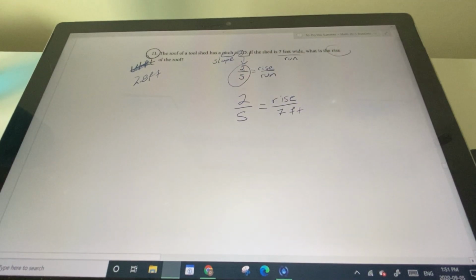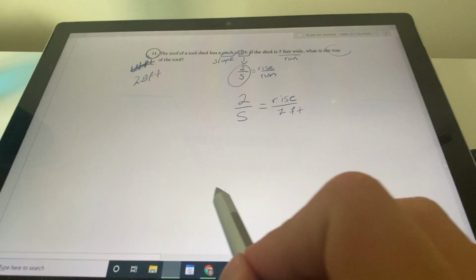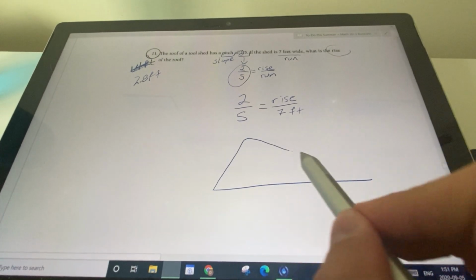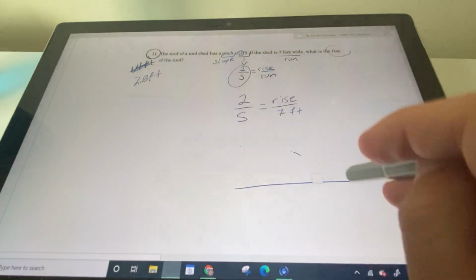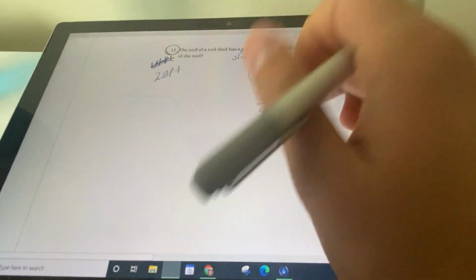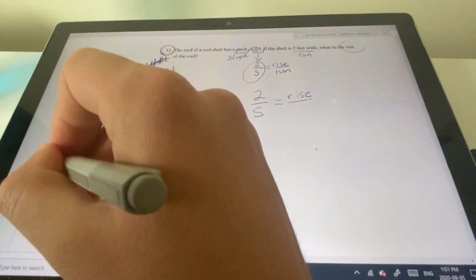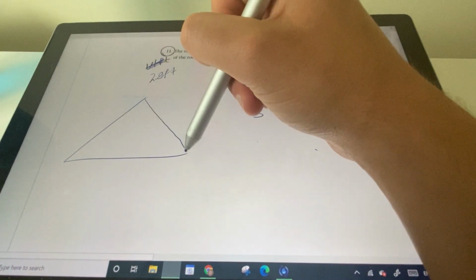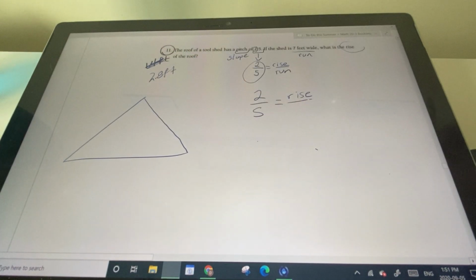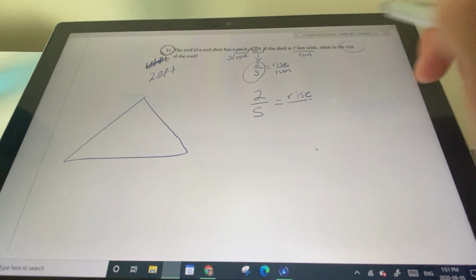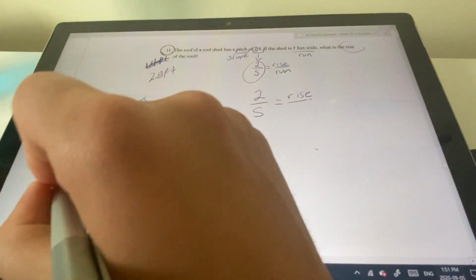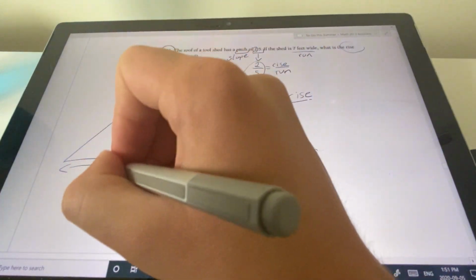it's very important to draw a picture. So here, the roof looks something like this. So it's actually good to see your teacher make mistakes sometimes, because that's what problem solving is. You make mistakes, you've got to figure out what happened. In this case, this is 7 feet wide.